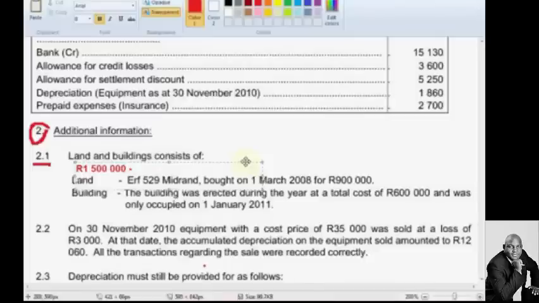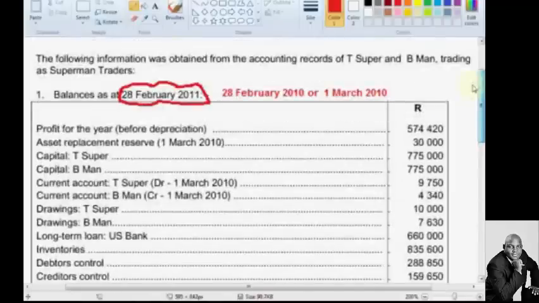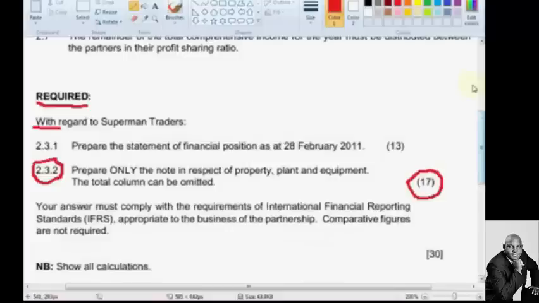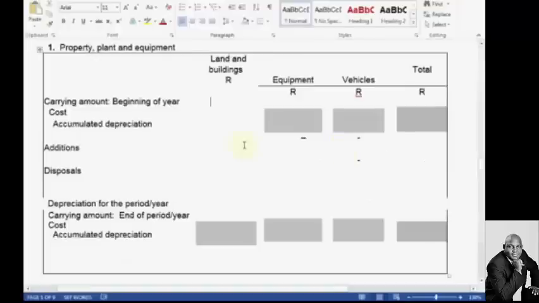We don't need to do the calculations, because they're showing us that on the 1st of March 2008, which is way before Feb 2011, the partnership bought a vacant land for 900,000.